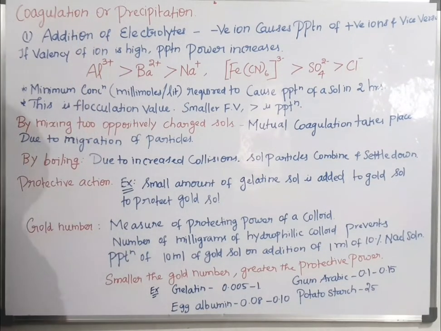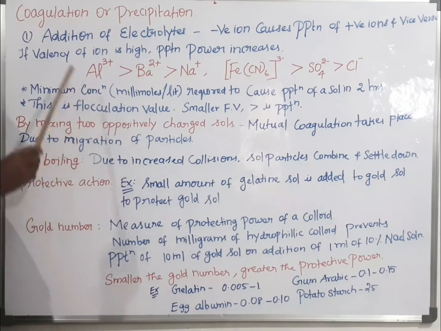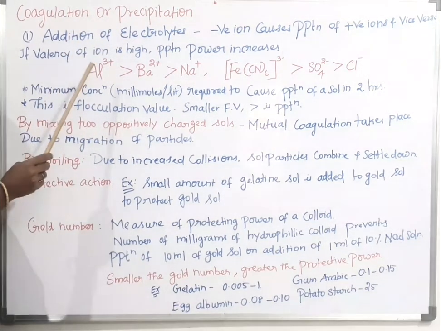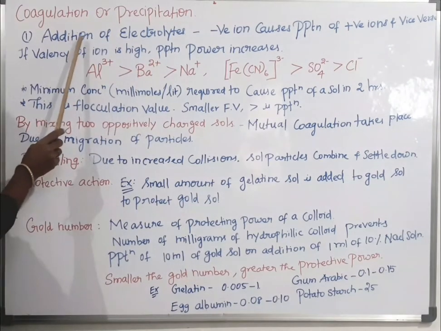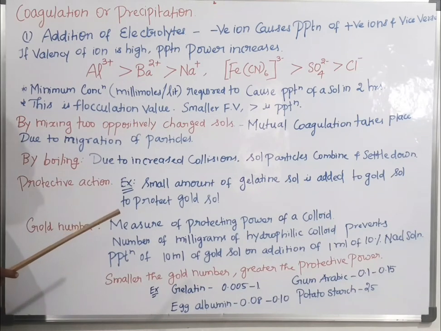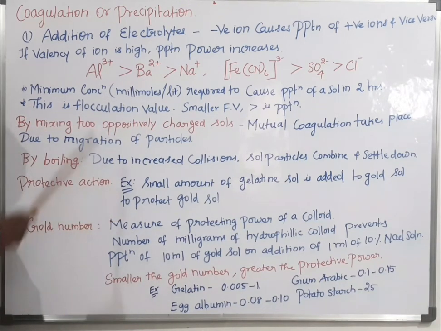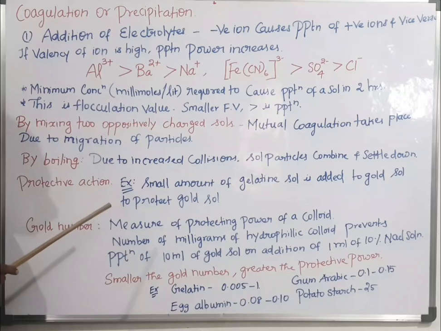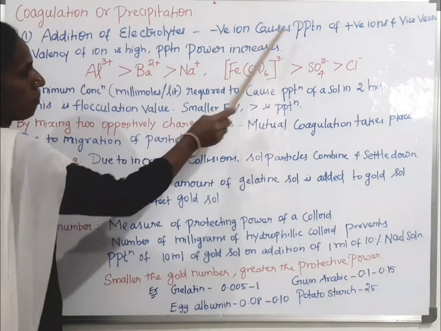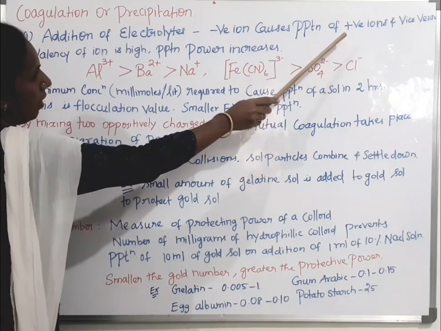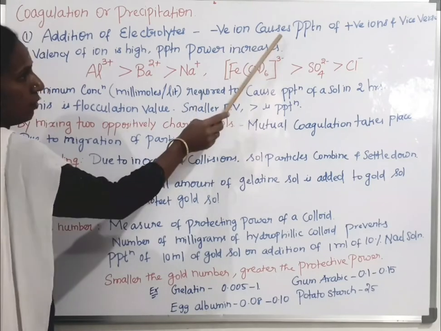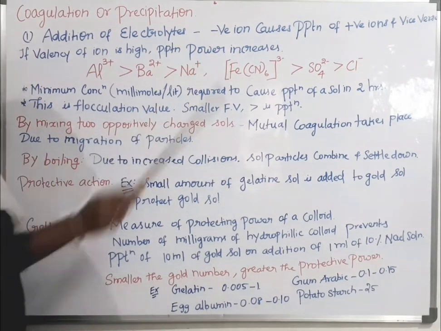Coagulation or precipitation. What are the reasons for coagulation or precipitation? The first one is addition of electrolytes. By the addition of electrolytes to the colloidal solution, coagulation or precipitation takes place. For example, a negative ion causes precipitation of positive ions and vice versa; positive ions also cause precipitation of negative ions.